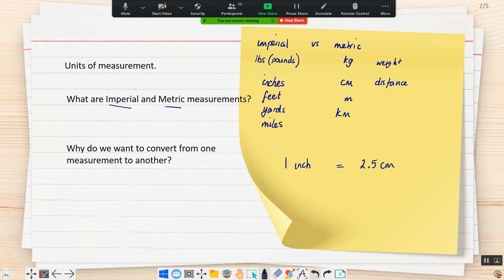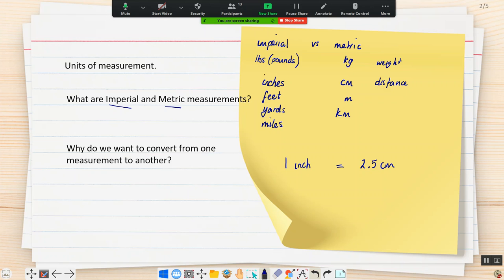So let's say you get some instructions to make something, and the measurements are all in inches, but you want to work in centimeters. We need to be able to convert one to the other. Some people work in feet, some people work in meters. If you're in Europe, you tend to work in the metric units. If you went from Europe to America, you'd probably end up working in imperial. So we want to be able to convert from one to the other.